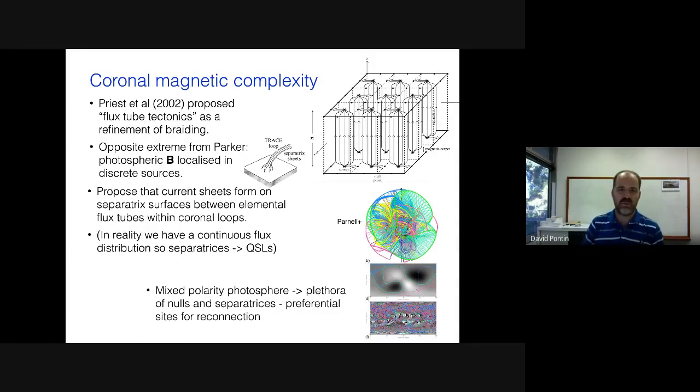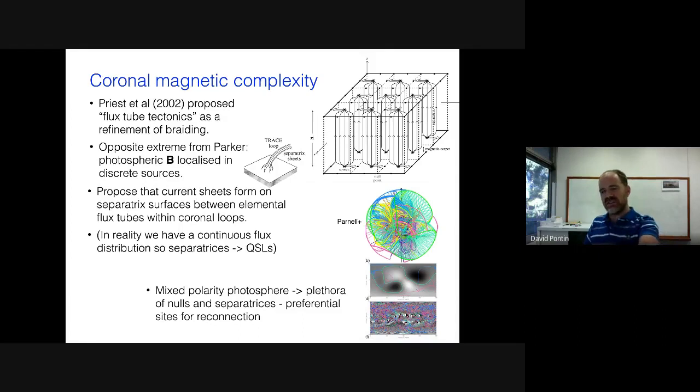There are different models that look at what you have when you have heating associated with these separatrix surfaces. Priest et al. have a flux tube tectonics model. This is sort of the opposite extreme from Parker in that they have all of the magnetic field concentrated in point charges on the surface rather than the field being uniform on the two planes.